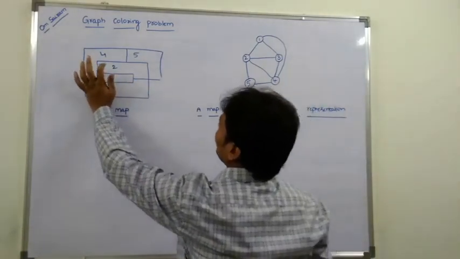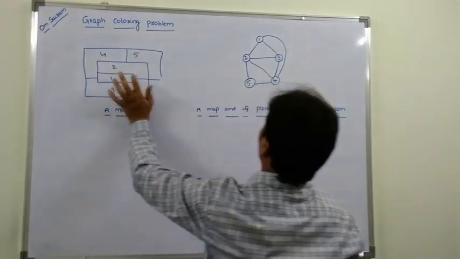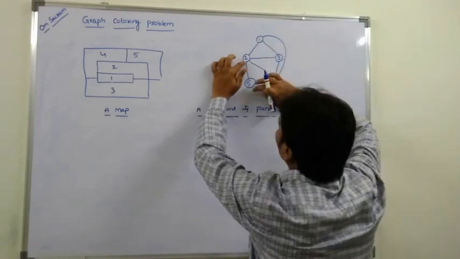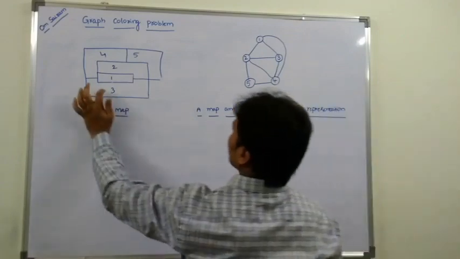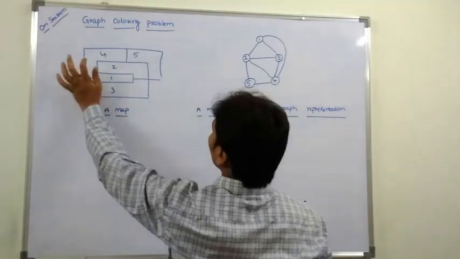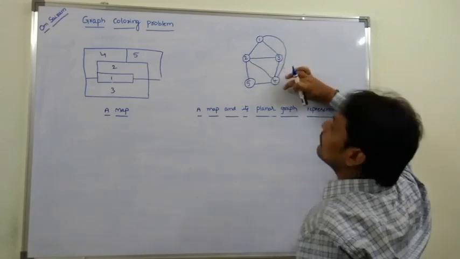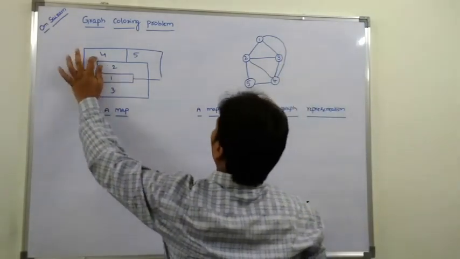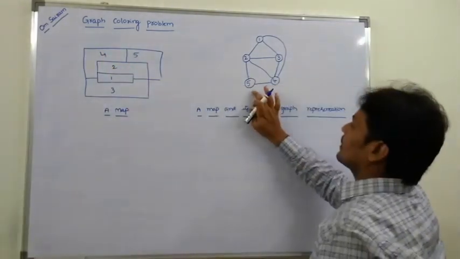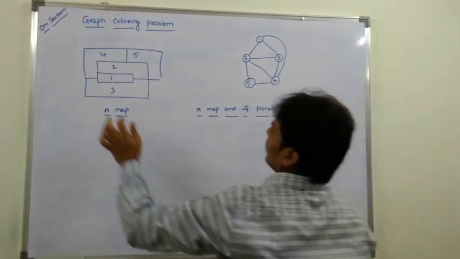Next, region 2 is adjacent to vertex 4, vertex 5, vertex 3 and vertex 1, so region 2 is connected with vertex 1, vertex 3, vertex 4 and vertex 5. Next, region 3 is adjacent to region 1, region 2 and region 4. Next, region 4 is adjacent to region 5, and these two regions are connected by an edge.